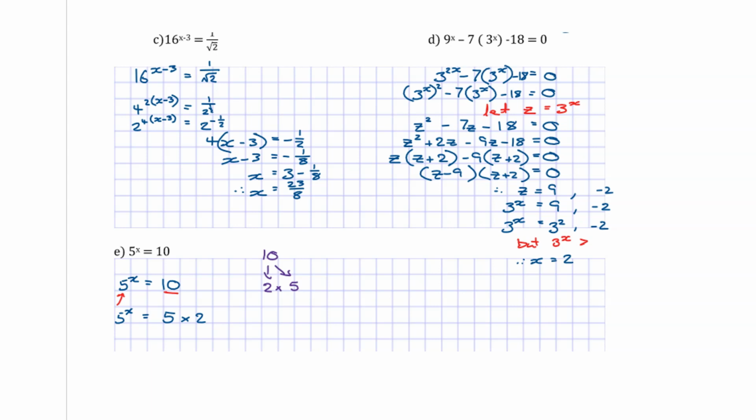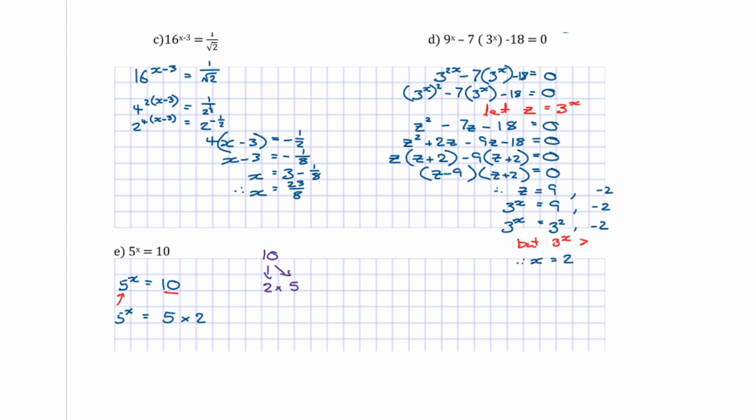Now recall, a few videos ago we were dealing with some exponential equations and trying to solve them. For C and D it was simply a matter of factorizing and then matching the form. But down in E we had 5 to the power of x equals 10.